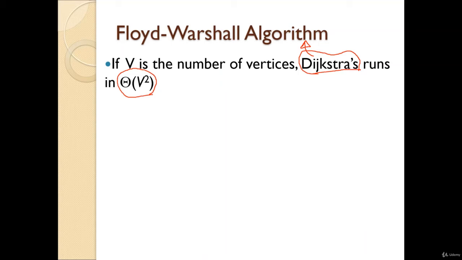I am taking the Floyd-Warshall algorithm into consideration because there is one difference between Floyd-Warshall and Dijkstra, and it is that using Floyd-Warshall is more efficient than using Dijkstra's. Okay, so we will see it further.